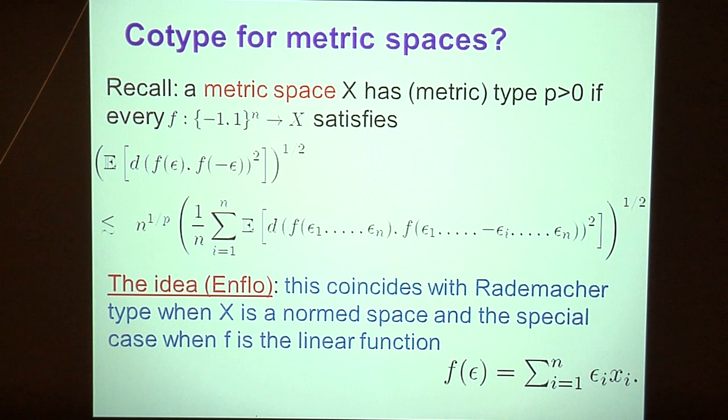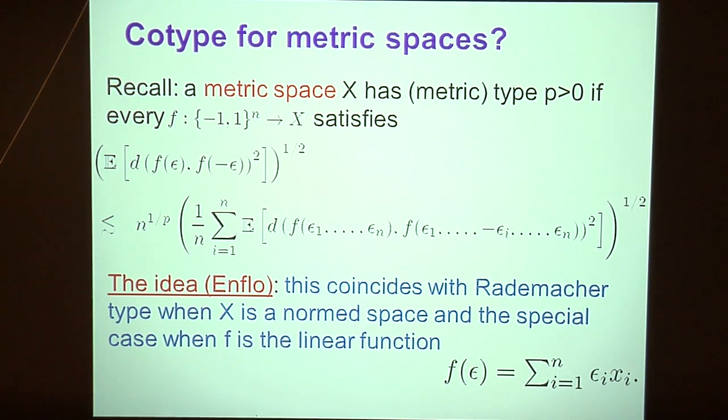A metric space has metric type p if whenever you take a function from the Hamming cube into the metric space, which is just 2 to the n points indexed by the Hamming cube, the expected length of a diagonal is at most n to the 1 over p times the average of squares of lengths of edges. We worked this out yesterday, and we saw that this has all kinds of nice implications.